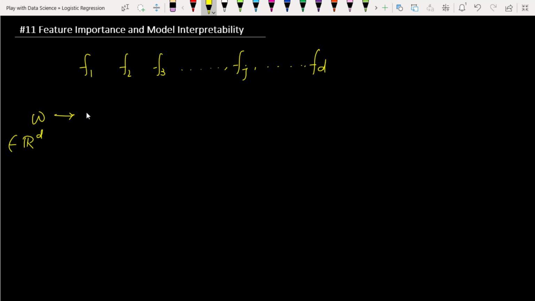For feature 1 the first component is w1, for feature 2 it is w2, for feature 3 it is w3, for feature j it is wj, and for feature d it is wd.